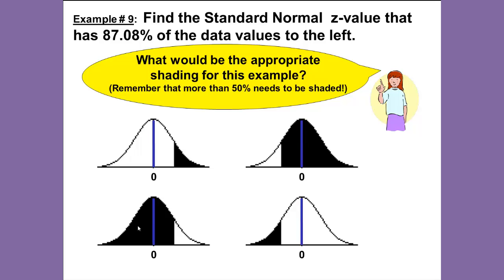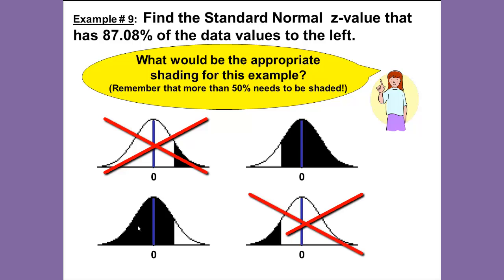What would be the appropriate shading for this example? Remember that more than 50% needs to be shaded. Well, since more than 50% needs to be shaded, that would be more than half. Do you see 2 that can be marked off?